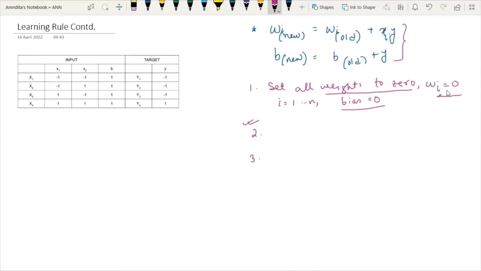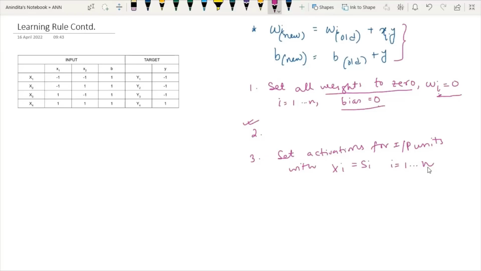So after setting all weights and biases to 0, then we have to set the activations. Activations for what? Activations for input units, say with the input vector xi equal to si, and this i will iterate from 1 to n.